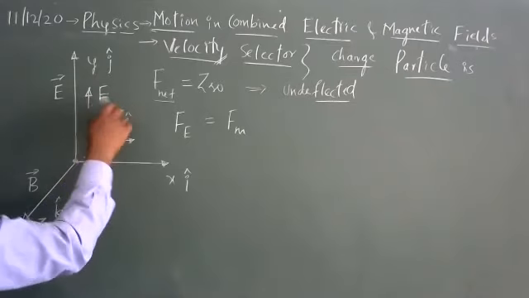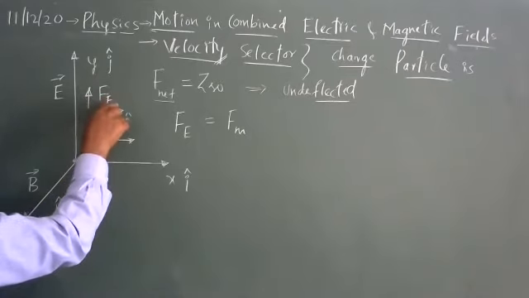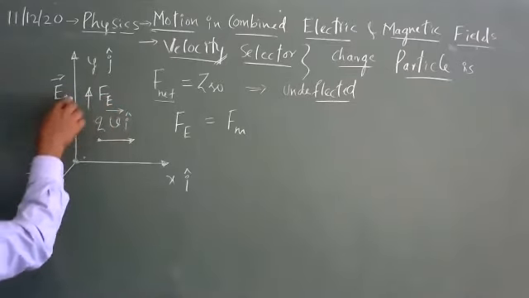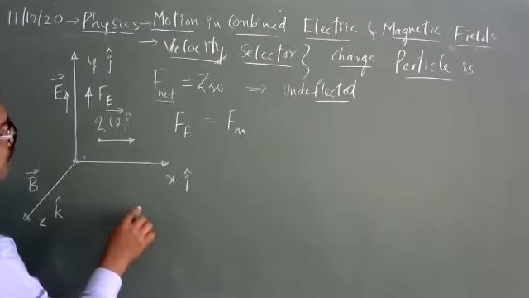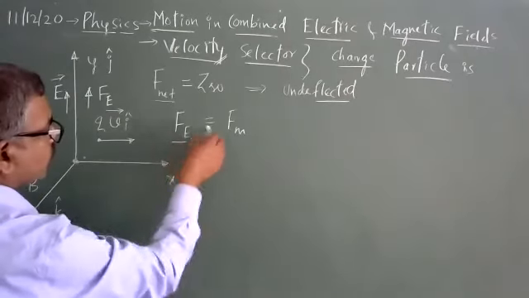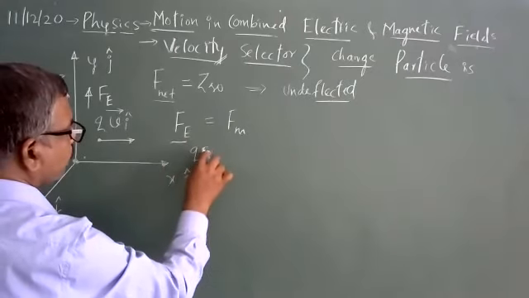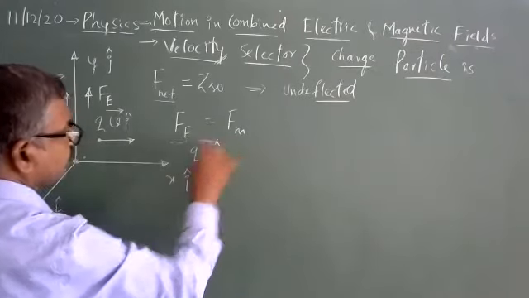Why? Think the charge is positive. The direction of the force is along the direction of the electric field. If the electric field is along the y-axis, the electric force is also along the y-axis. This is just qE along the j vector.